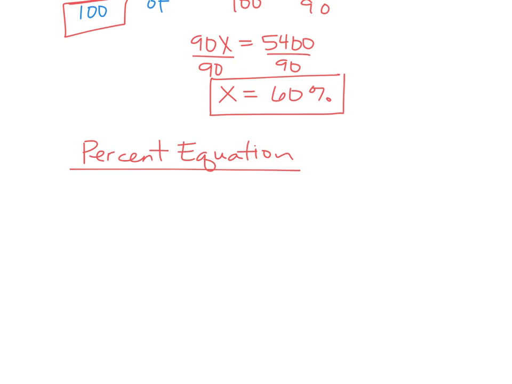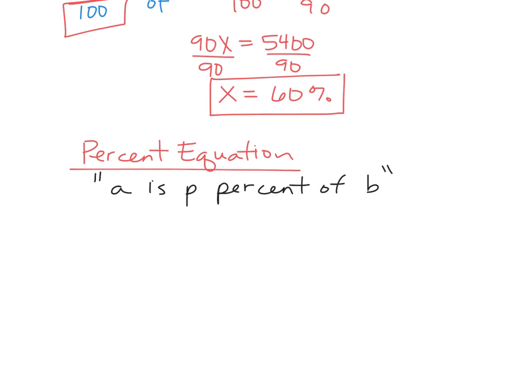So let's say I gave you the sentence, A is P percent of B. Okay? If I told you A is P percent of B. The way you can set it up as an equation is putting a variable or a symbol or an operation symbol in place of each thing that you see.